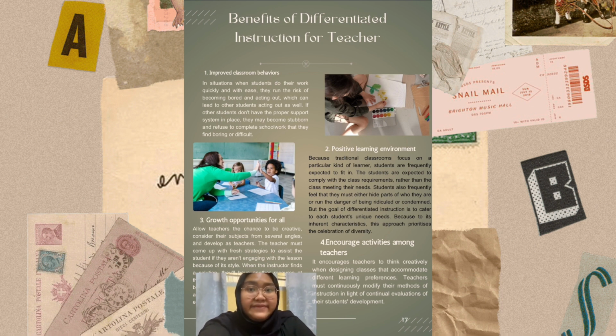Students also frequently feel that they have to hide the fact that they are the way they are. But the goal of differentiated instruction is to cater to each student's unique needs. Because of its inherent characteristics, this approach prioritizes the celebration of diversity.